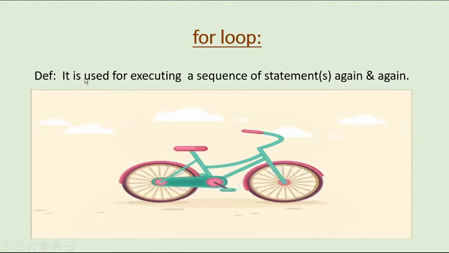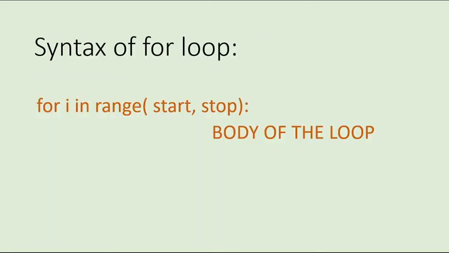The standard definition of a for loop is that it is used for executing a sequence of statements again and again. That means if there is a certain sequence of statements, then that will be repeated till the condition becomes false.